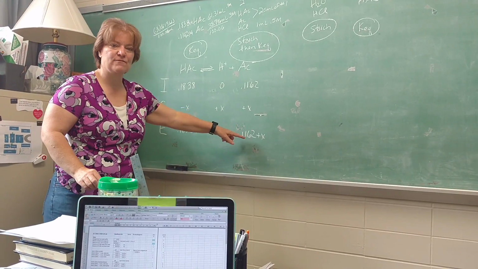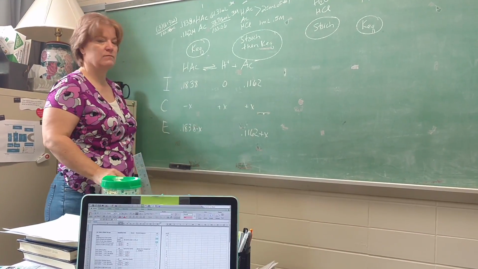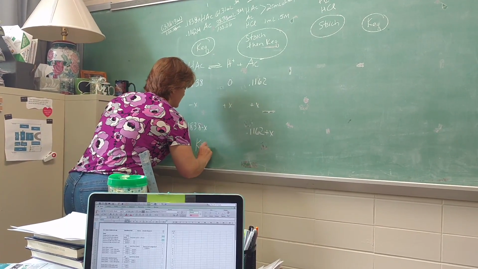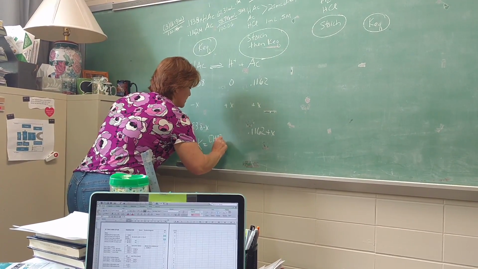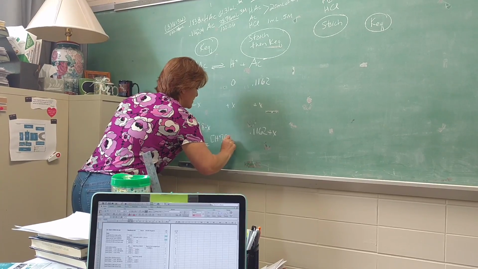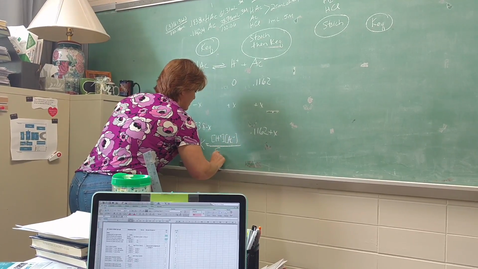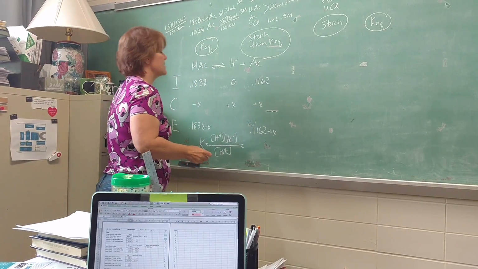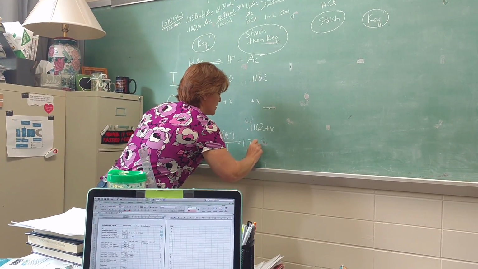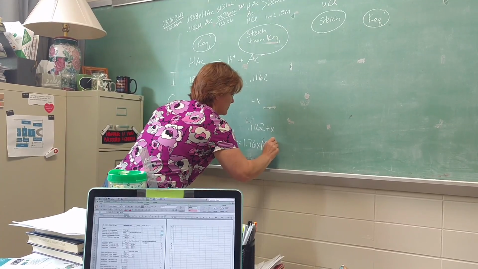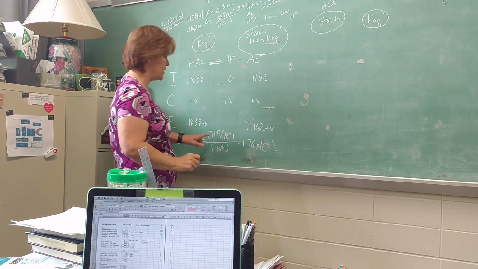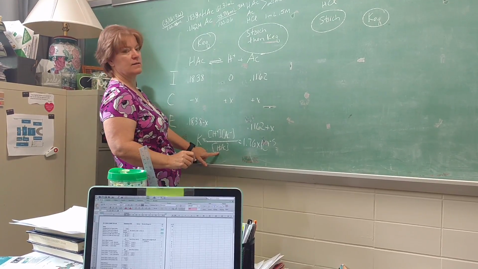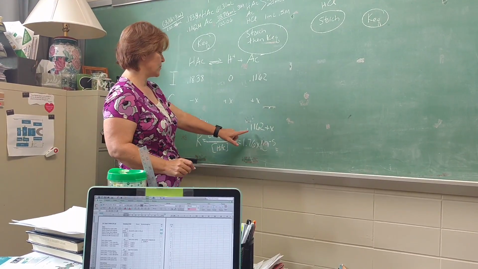However, we're assuming that x is fairly small, and since we could use the quadratic, so K is equal to [H+][Ac-] over [HAc]. It's equal to, for acetic acid, 1.76 times 10 to the negative 5. And this would be x squared divided by 0.1838 minus x. Oh, wait, no, it's not x squared.